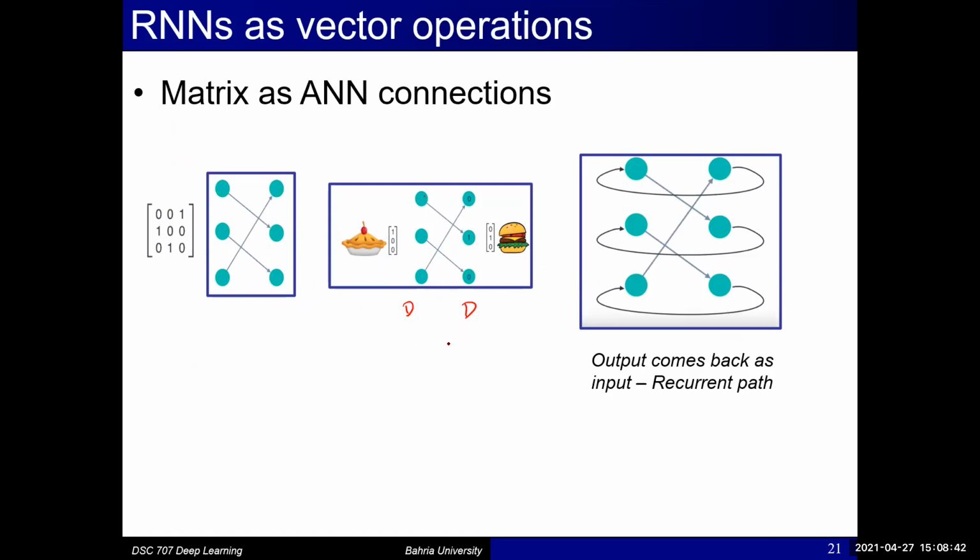Okay, but what is new here? New here is this loop. Okay, that you can run it as many times as you like. Now you have this weight matrix. Maybe you can represent it by these connections. You keep on running it maybe 10 times or 100 times. So you will be able to predict whatever is missing, or you want to unfold it maybe n number of time steps.